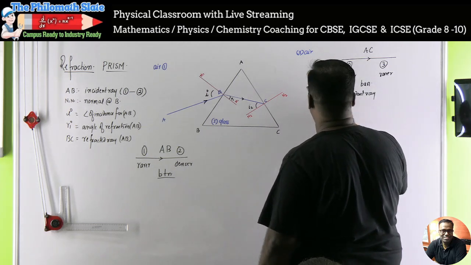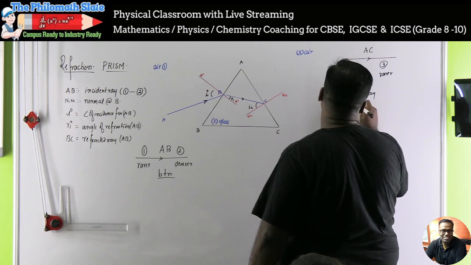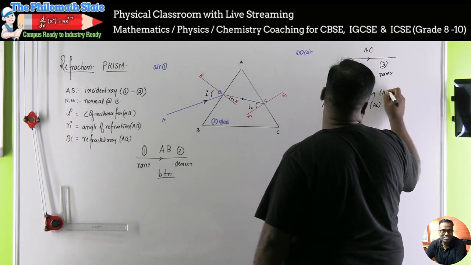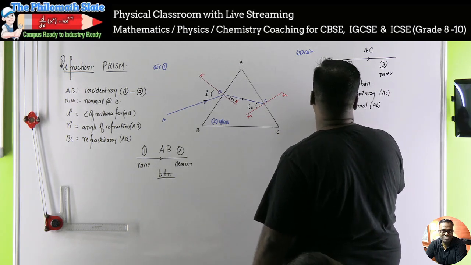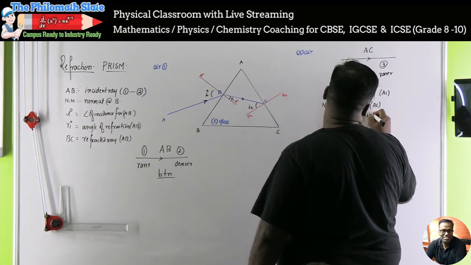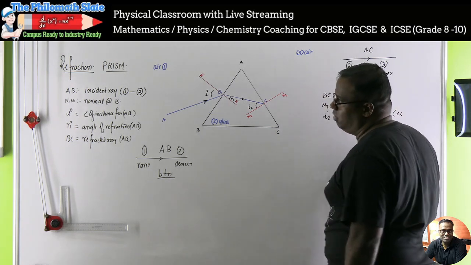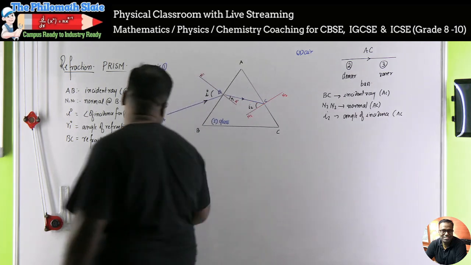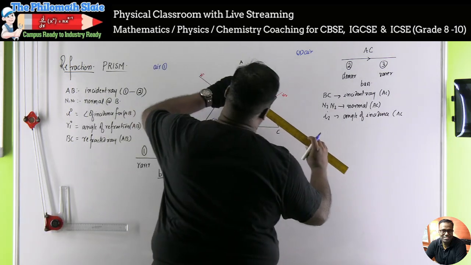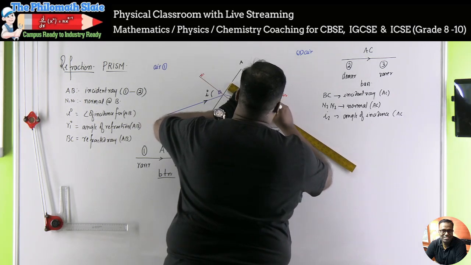If BC becomes your incident ray, N2 is again the normal, and this is the normal for the side AC, and I2 is my angle of incidence. Now what is the scenario? Bend away from normal. So it should not bend towards the normal, it should bend away from the normal.